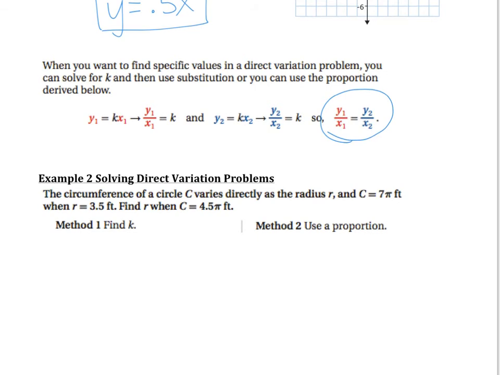So we have circumference C varies directly as the radius. C equals 7 pi when r is 3.5.